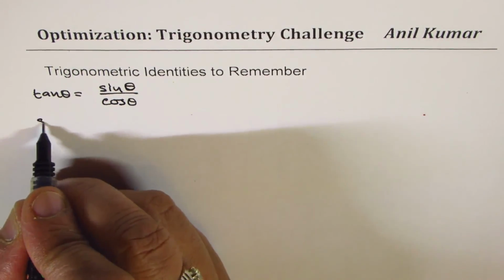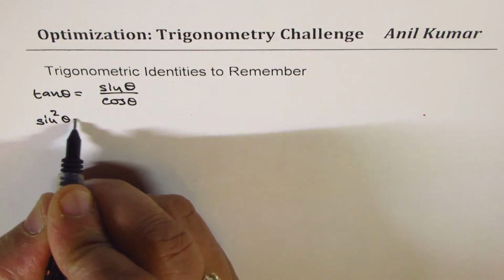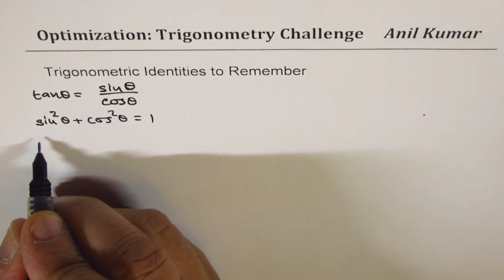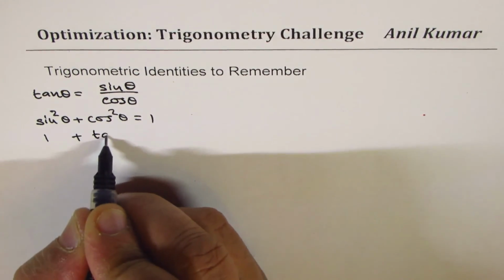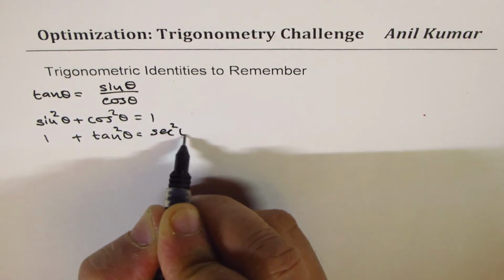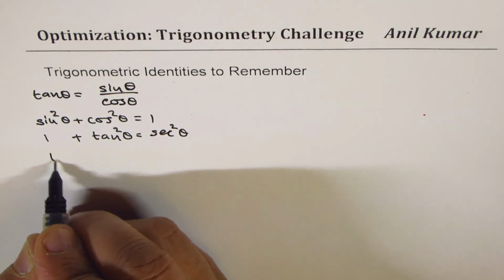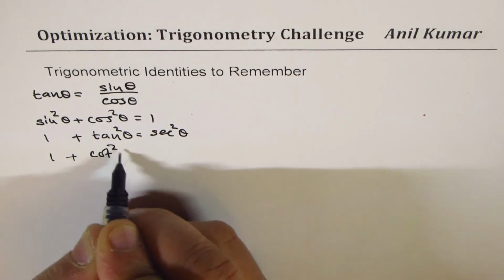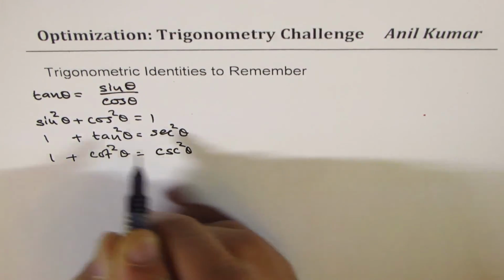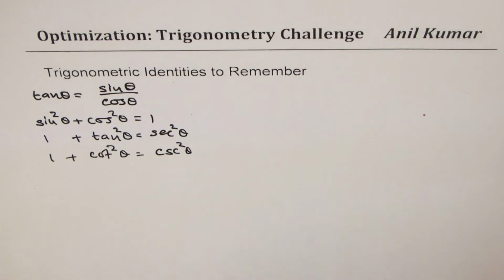We also learned that sine square theta plus cos square theta equals 1. 1 plus tan square theta equals secant square theta, and 1 plus cot square theta is cosecant square theta, right? So these are your trigonometric identities.